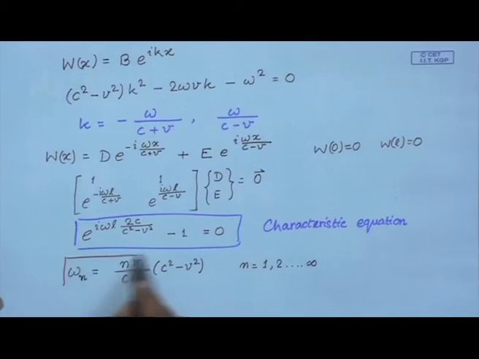So, these are the infinitely many circular natural frequencies of the string.